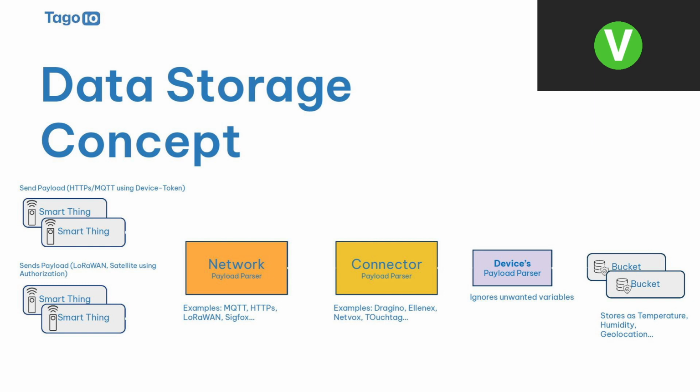And once your device sends data to the network server, it goes to Tago. And for Tago, on each network, we have a payload parser, which is a decoder for that specific protocol or network. And once this decoder is resolved on TagoIO side, your data goes to the connector, which also has its specific decoder.